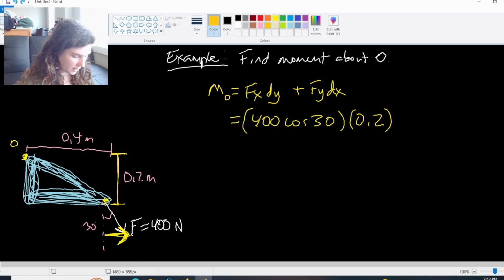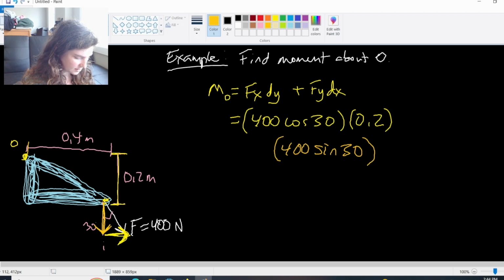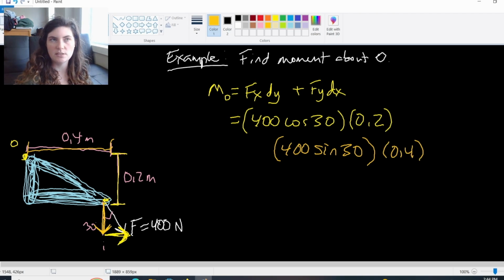And then let's look at my y component. So my y component I have here, down, it is 400 sine 30, right? That's the y component of that force, times the x distance, which is that 0.4 meters. So now, is this positive or negative? Let's check with our right-hand rule.